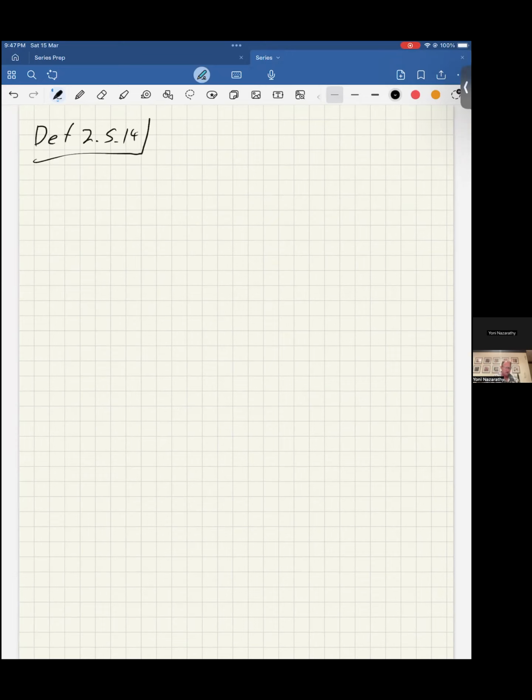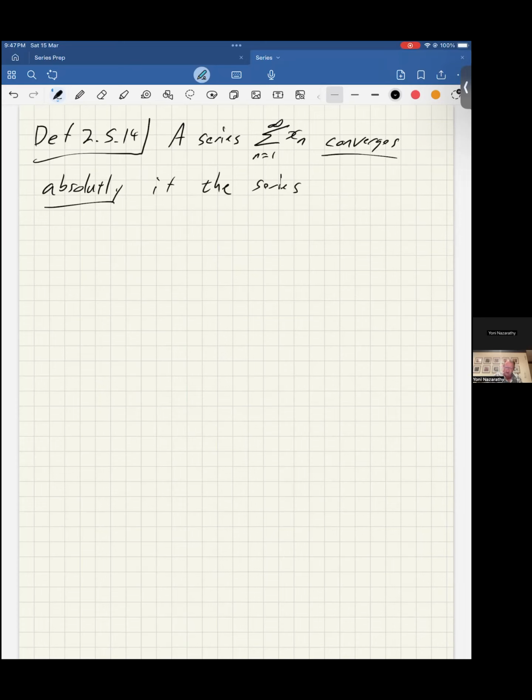A series, the sum from n = 1 to infinity of xn, converges absolutely if a different series, the series of the absolute values, the sum from n = 1 to infinity of |xn|, converges.